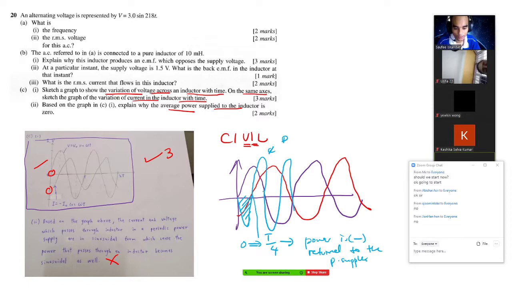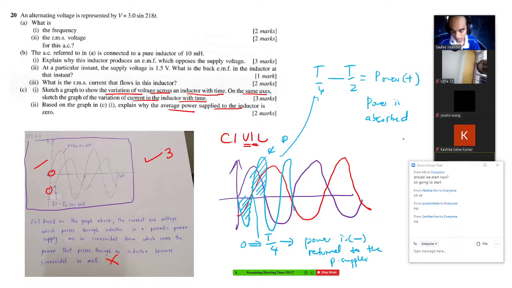From T over 4 to T over 2, power will be positive. It means that power is absorbed from the power supply.